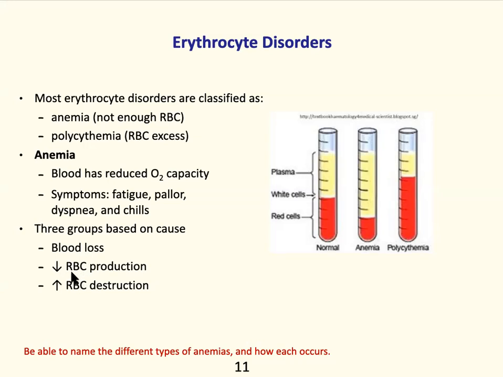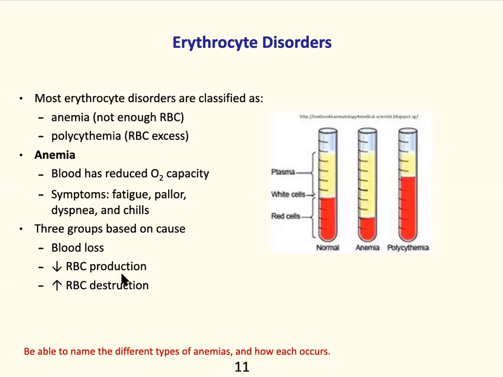Now, examples of causes where there is decreased red blood cell production: say someone has a bone marrow cancer that's preventing their bone marrow from producing red blood cells. It could also be a nutritional deficiency, like folate deficiency, vitamin B12 deficiency, or iron deficiency. Those are all causes that would lead to reduced red blood cell production.